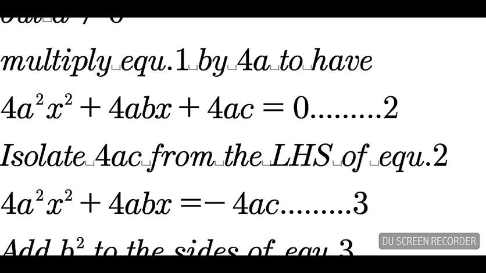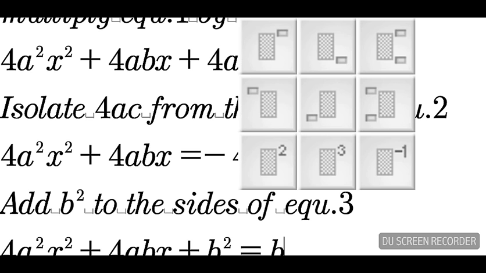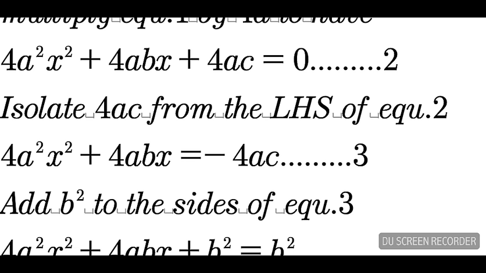That gives me 4a squared x squared plus 4abx plus the square of b, that is b squared, equal to b squared minus 4ac. Let's call this our fourth equation.